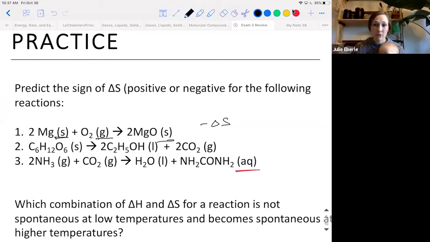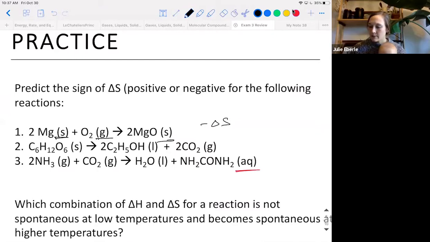And it's a solid. We have no gas. So the fact that the gas disappears and you just have solid definitely means you're becoming more ordered. From the perspective of disorder, we're decreasing the amount of disorder. So Delta S would be negative. Entropy is decreasing, becoming more ordered.